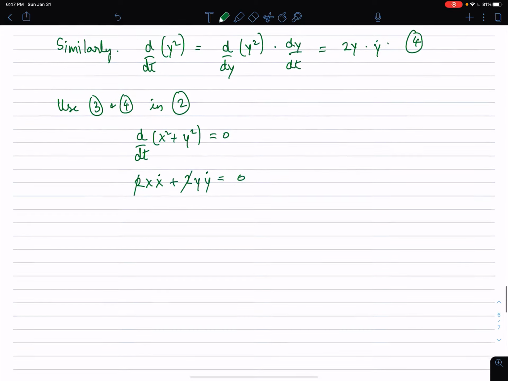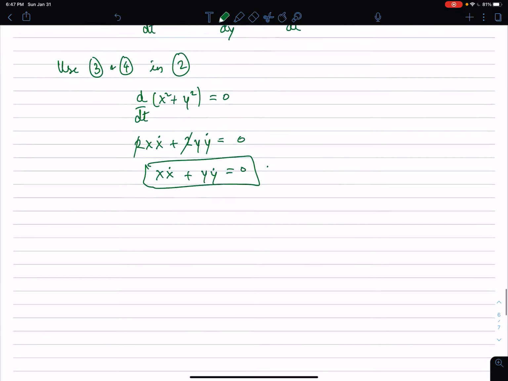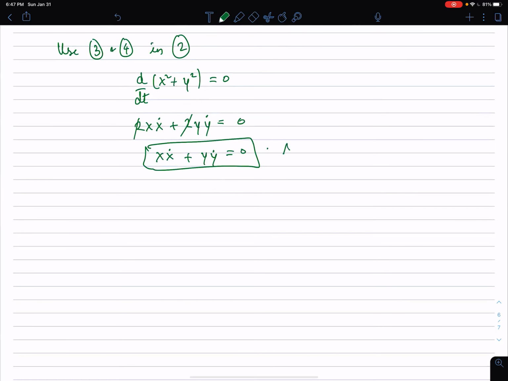The 2 gets cancelled, and we get x x dot plus y y dot equal to 0. So that's one equation. And this is part A, the answer for part A.